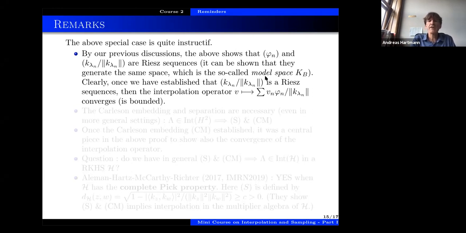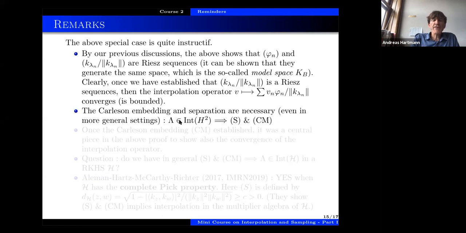In fact, they are a Riesz basis in the corresponding model space. And now it's clear that this operator is bounded, and it's exactly the interpolation operator. But from an abstract point of view, if I knew in another way that phi n is a Riesz basis, I could have stated immediately that the interpolation operator should be that.